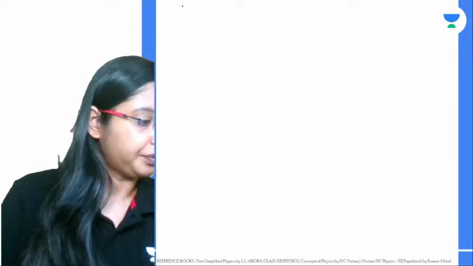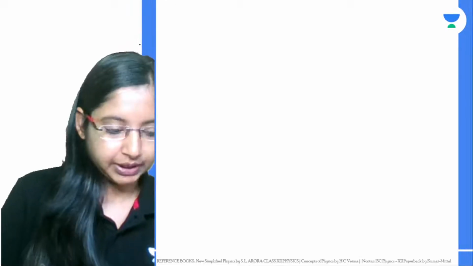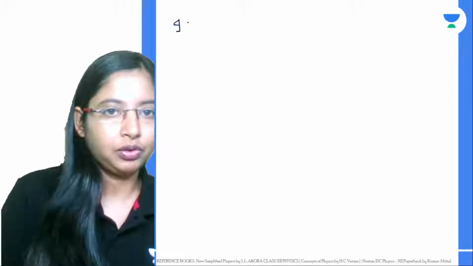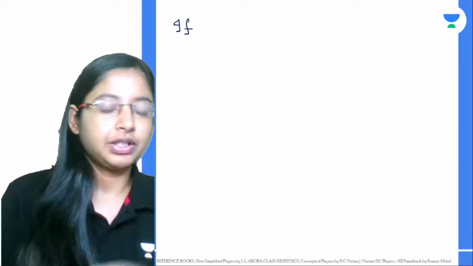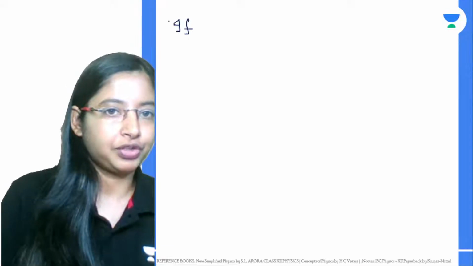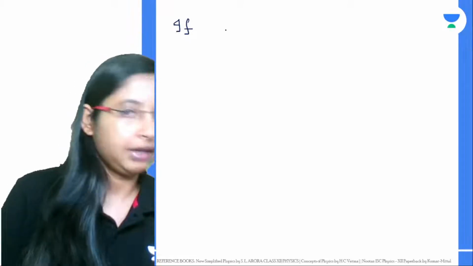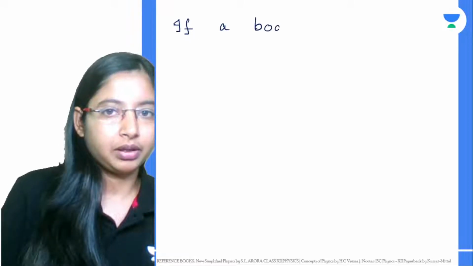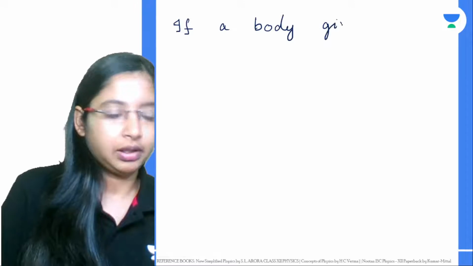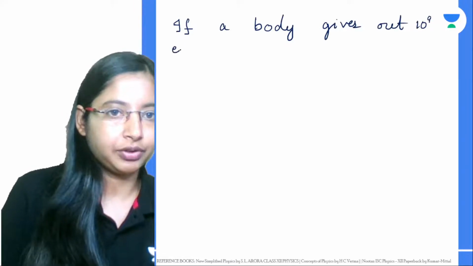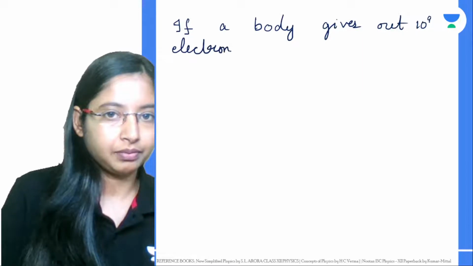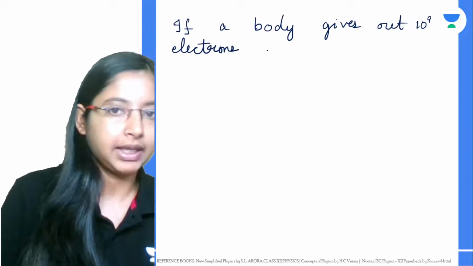Okay. So, we have already seen that 1 Coulomb of charge is very large, a huge amount of charge. So over here, let's say a body gives out 10 to the power of 9 electrons every second.